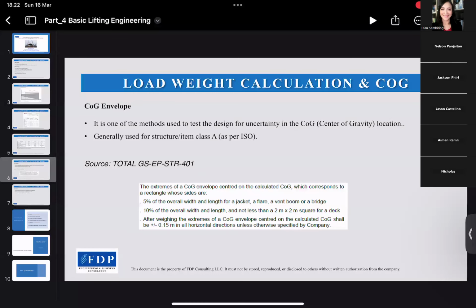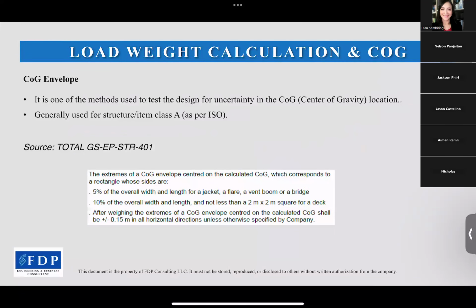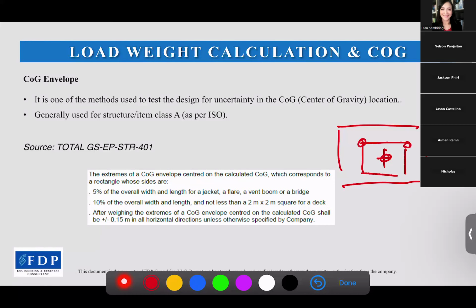Now, if any modification happens during the project, and the modification impacts the COG, as long as it's inside the COG envelope, then we don't need to redesign the lifting arrangement, because we have designed it as per the maximum load, which is at the corner of the COG envelope.